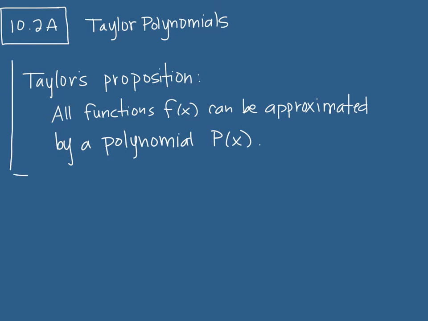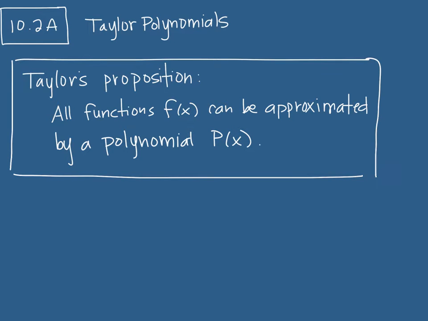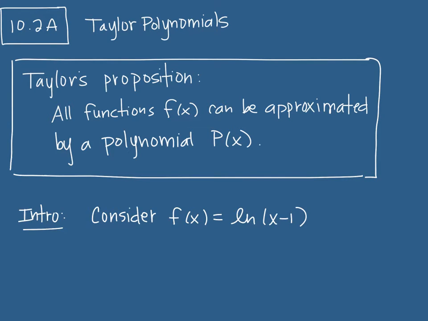Let's start small. All right, this doesn't count as an example, it's just an intro. Consider a function to be the natural log of x minus 1. Of course you start there.